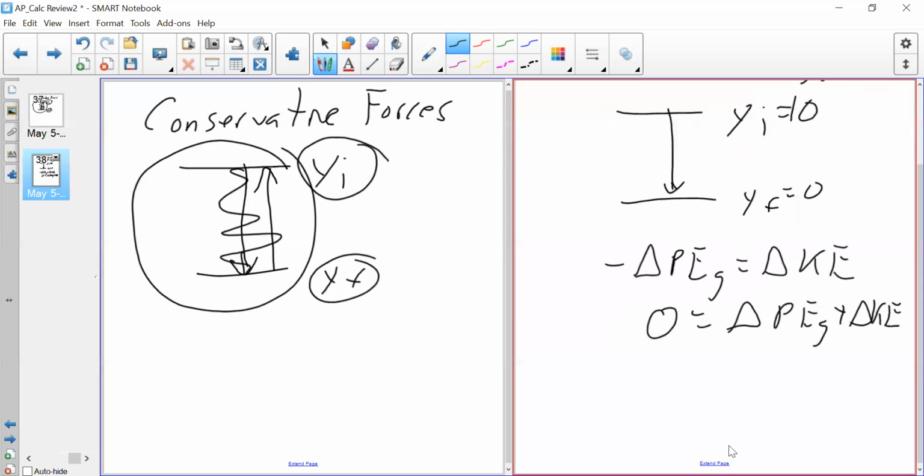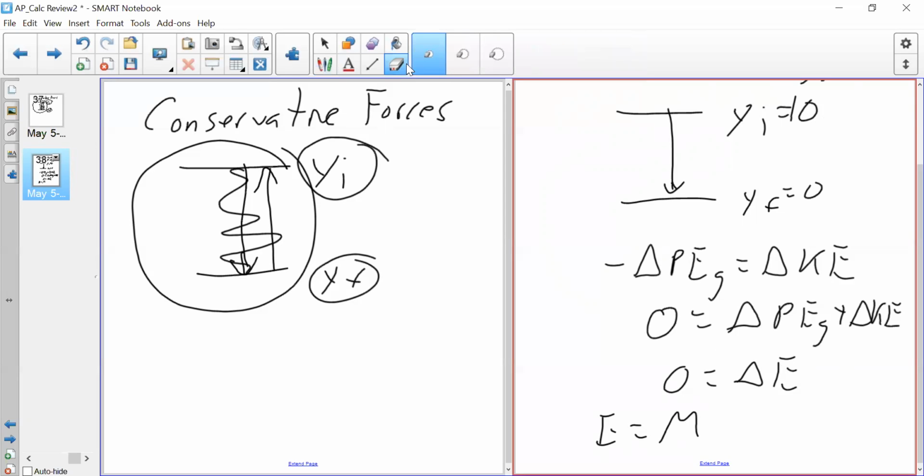So that means that delta E is 0, which means that there's no change in the energy in the system. And we get that from the basic definition of mechanical energy, which is the sum of potential and kinetic energy.